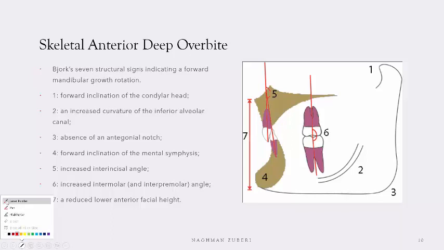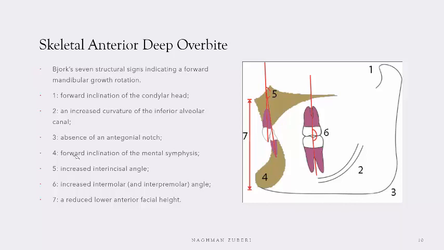As the person starts growing, there is an antegonial notch over here which develops, and in these patients there is absence of the antegonial notch. The lower border will be quite flattened.